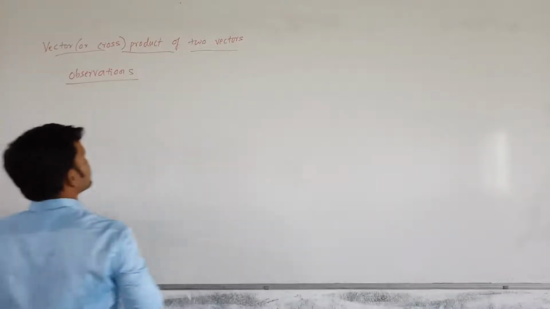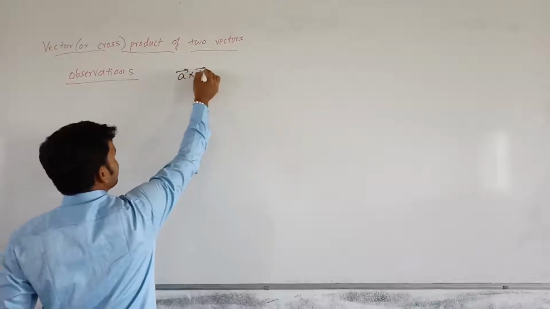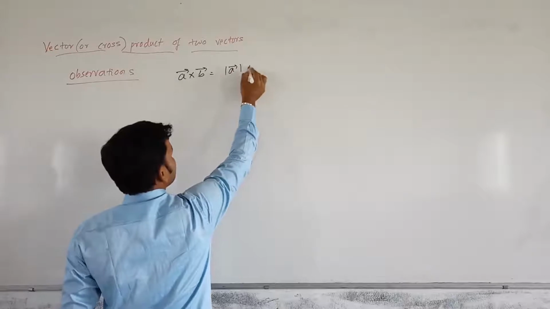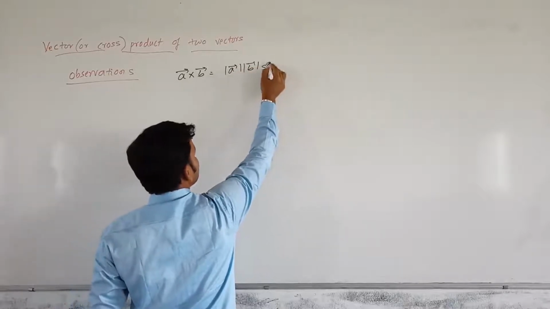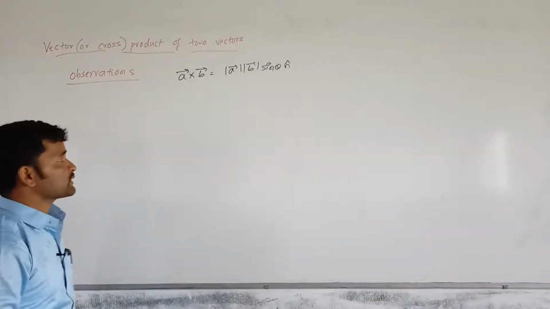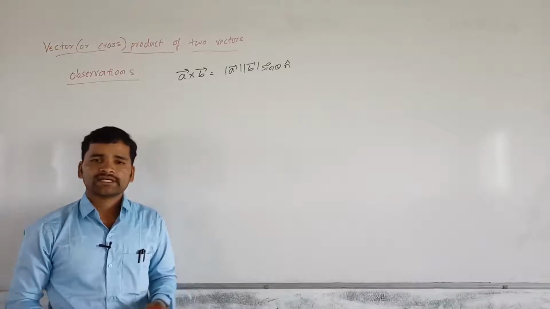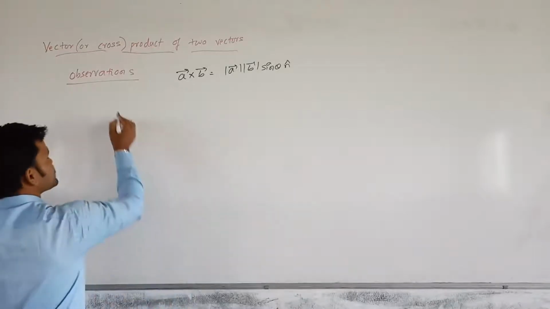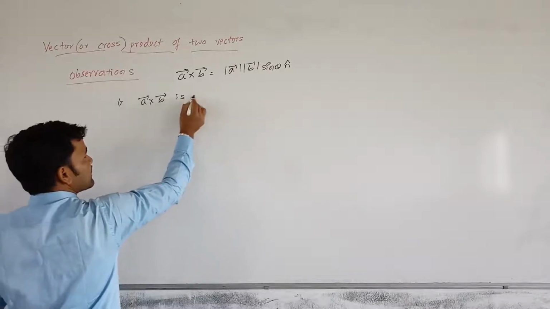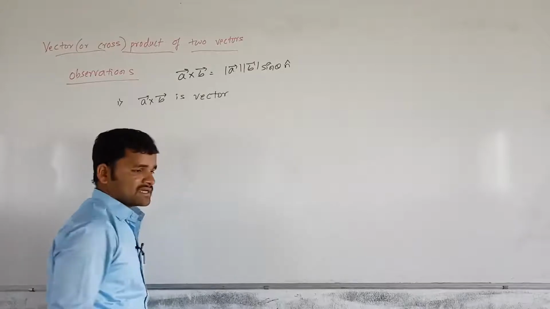Here we know the definition of the cross product of vector A and vector B. A cross B is equal to magnitude of vector A into magnitude of vector B into sin theta in the direction of n cap. n cap is perpendicular to both vector A and vector B. We know this. Now what are the observations here? The first observation is that A cross B is a vector quantity. It has both a magnitude and a direction.